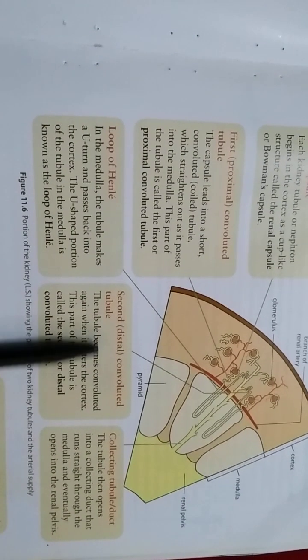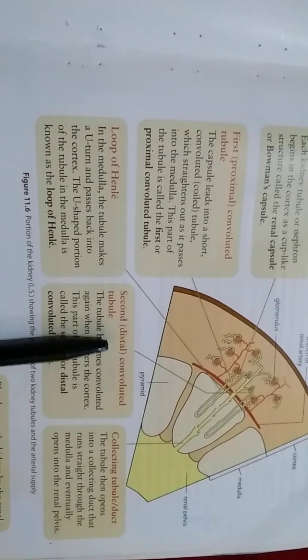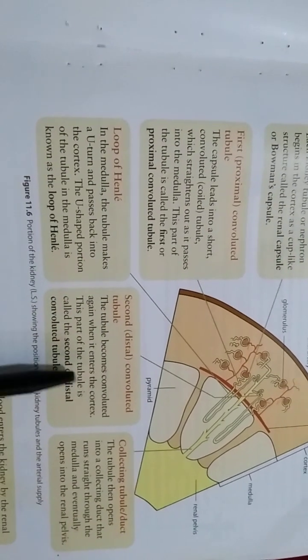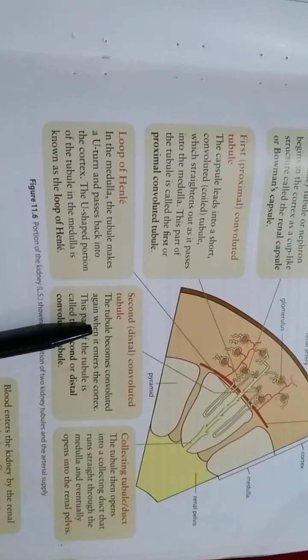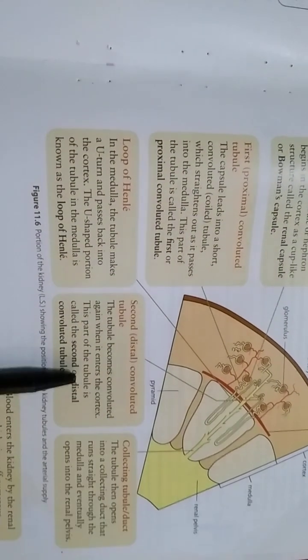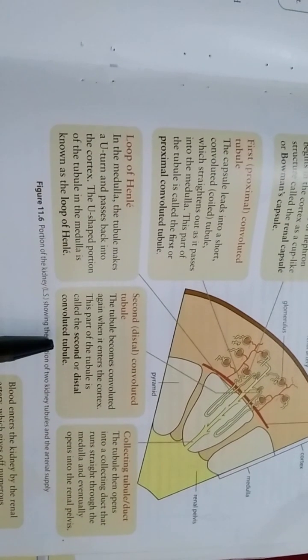Now we discuss the distal convoluted tubule. The tubule becomes convoluted again when it enters the cortex. This part of the tubule is called the distal convoluted tubule.